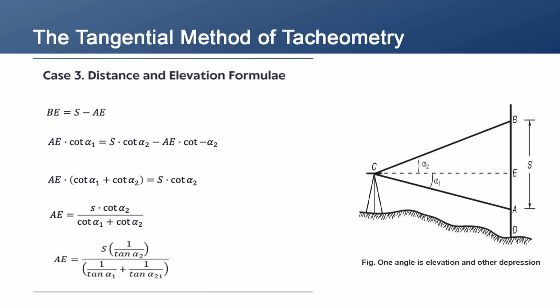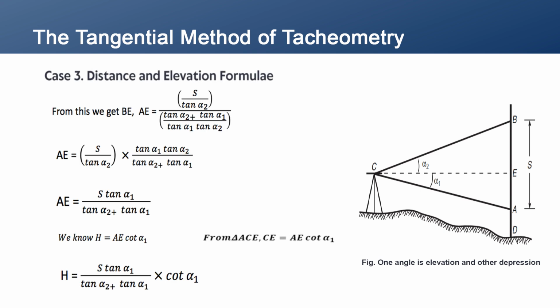So, AE = S × (1/tan α2) / (1/tan α1 + 1/tan α2). Now, taking the LCM and solving the denominator, we get AE = S / ((tan α2 + tan α1) / (tan α1 tan α2)).